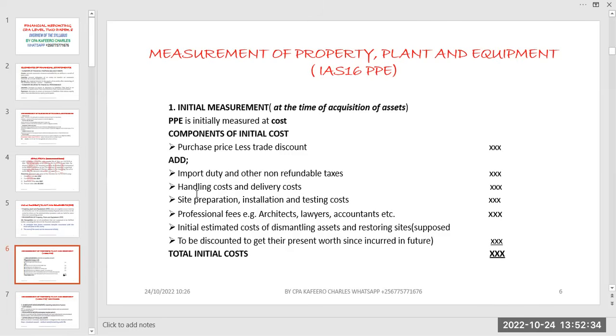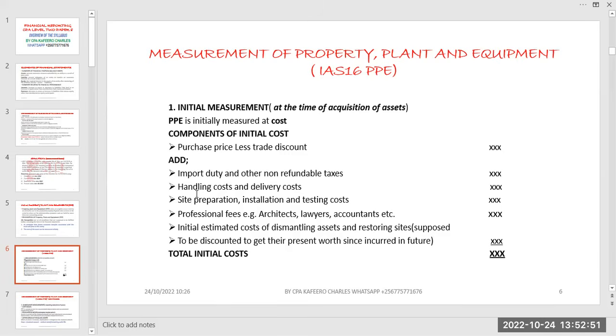For PPE, we have the initial measurement, which is the measurement at acquisition, when you are just acquiring the asset. What figure are you recording in the statements?